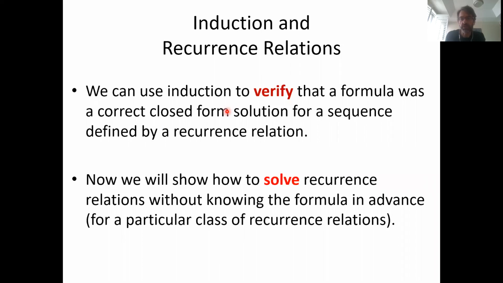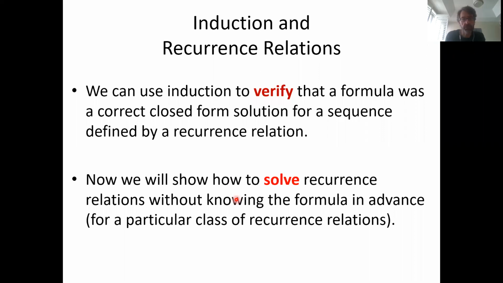And we saw that induction is a very convenient tool to verify that the closed form formula is correct. But that doesn't really tell you how to derive this closed form formula in the first place. So this is what today will be about.